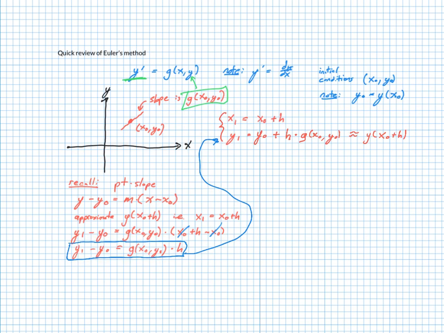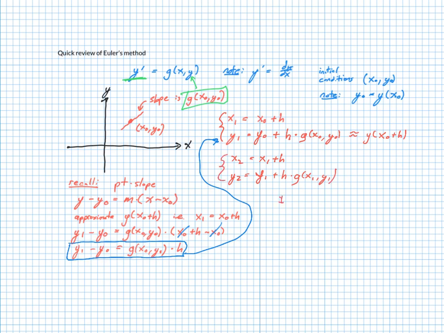The next solution is we just repeat everything. So the next one, you're going to get x sub 2. That's going to equal x1 plus h. And our y sub 2 is just going to be equal to y1 plus h times g of x1 comma y1. That's our next solution.